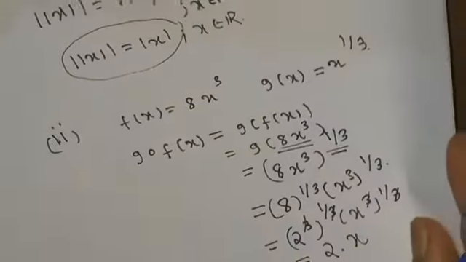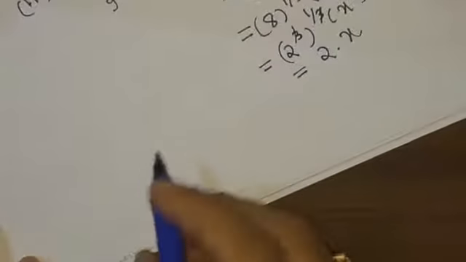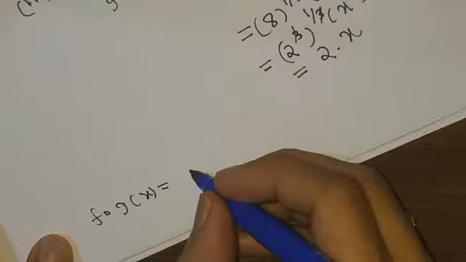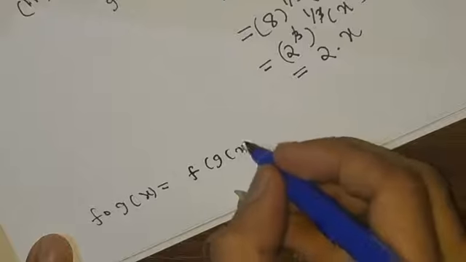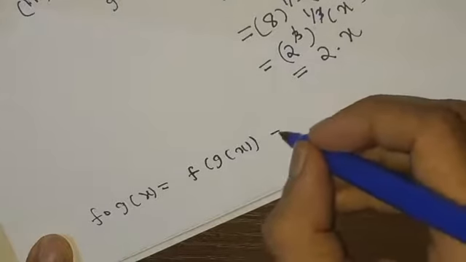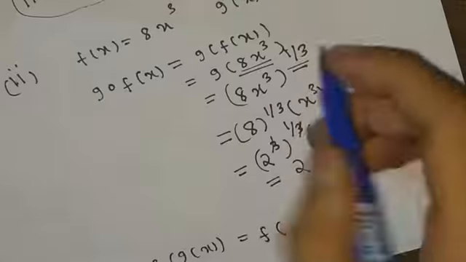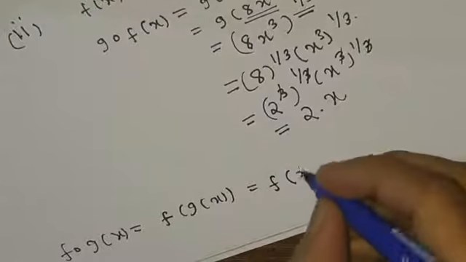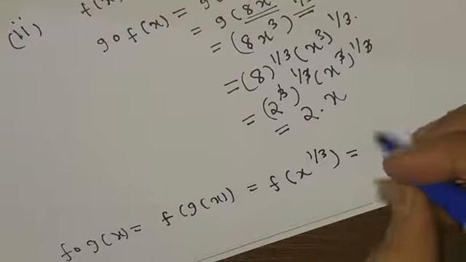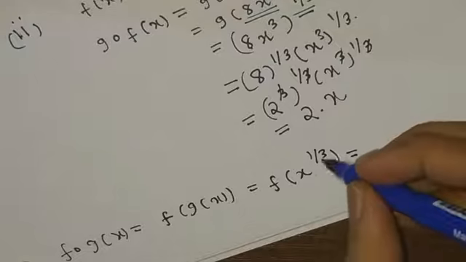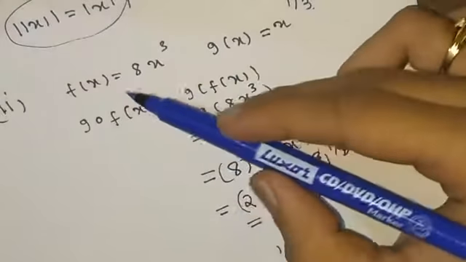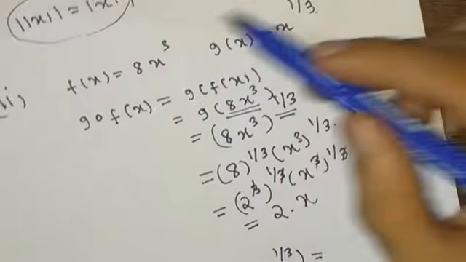Now let us find out f composition g of x. So f composition g of x will be equal to f of g of x, right? Which is f of x raised to 1 by 3. Now f of x raised to 1 by 3 will be what? See, the function f(x) is equal to 8x cube.